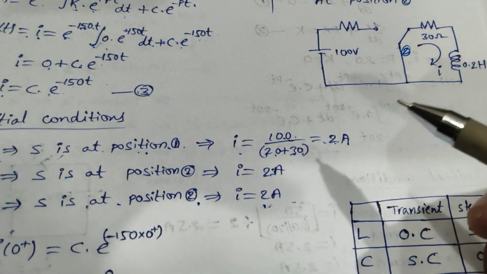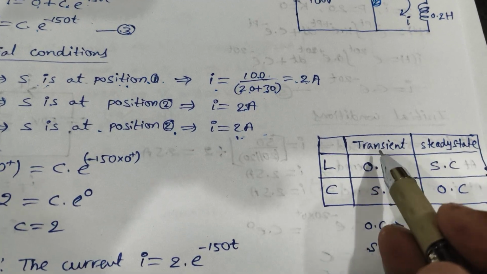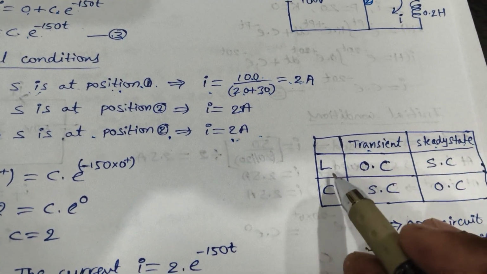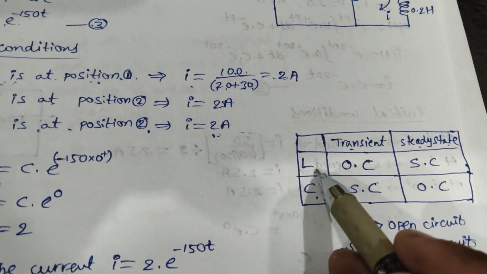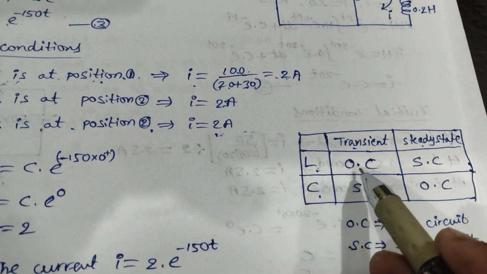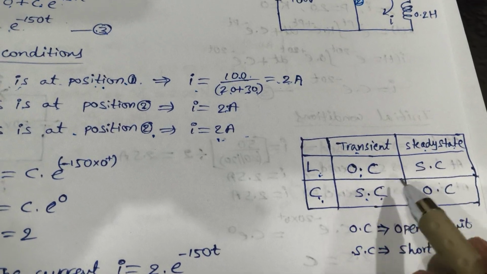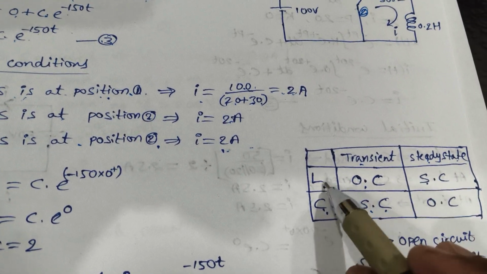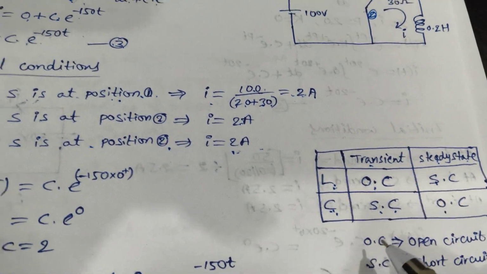If you understand how the inductor behaves in transient and in steady state, you can do transients better. In transient, the inductor acts like an open circuit and the capacitor like a short circuit. In steady state, the inductor becomes a short circuit and the capacitor an open circuit.